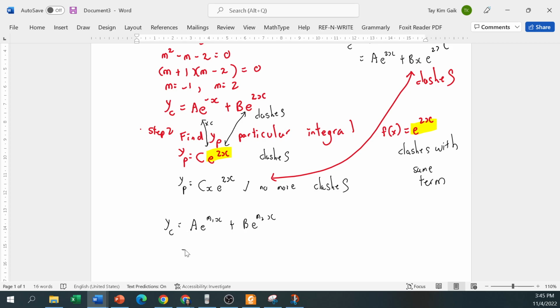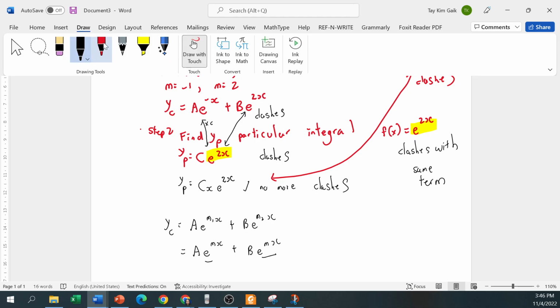In the second case you have a repeated root, where m1 equals m2. If you put it like this, it belongs to the same term: e^(mx) is the same. That's what we call a clash.